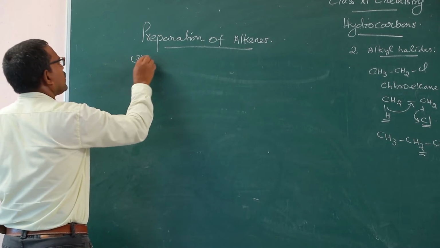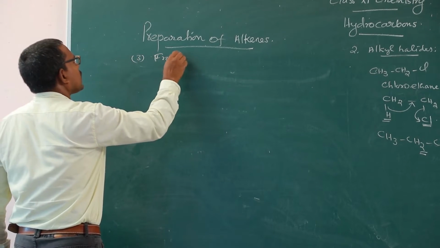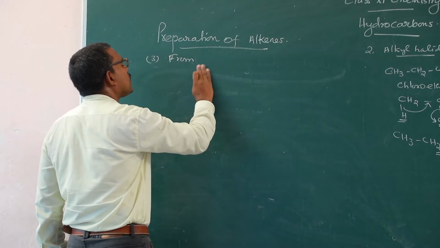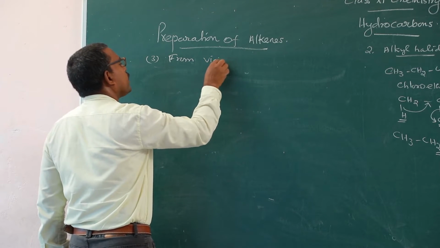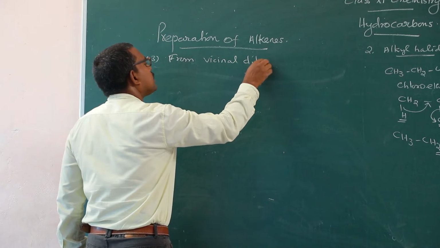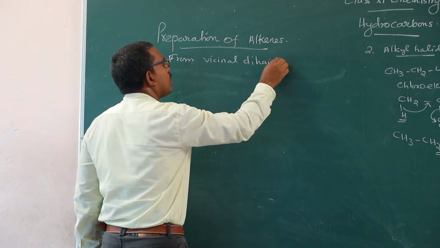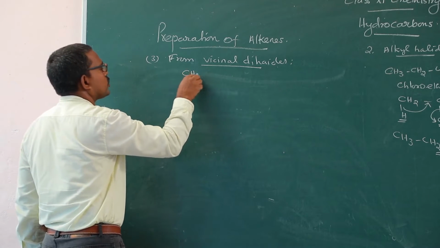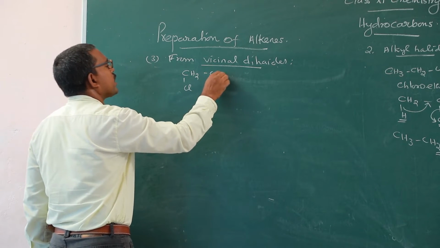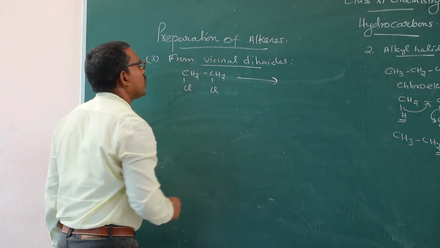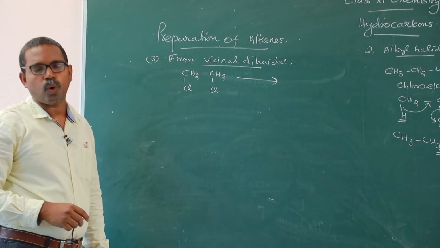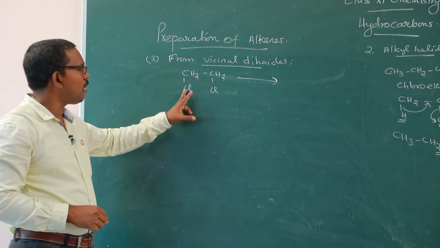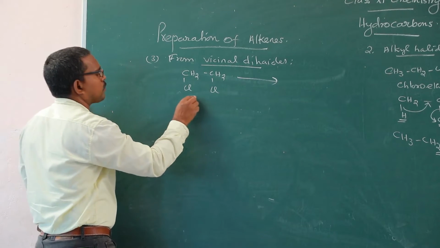Now you know what vicinal dihalides are: two halogen atoms attached to adjacent carbon atoms. Listen, CH2Cl, CH2Cl. The common name of the compound is ethylene chloride or 1,2-dichloroethane.